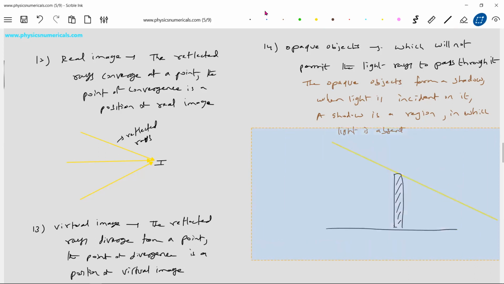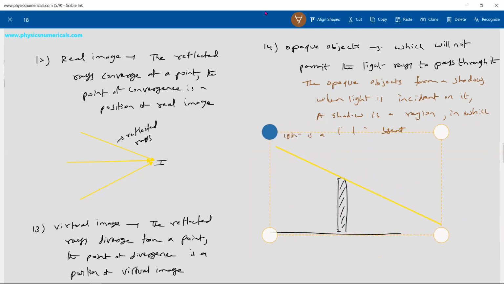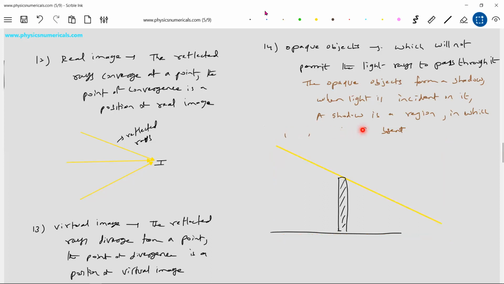Let me adjust these things, the region in which light is absent.